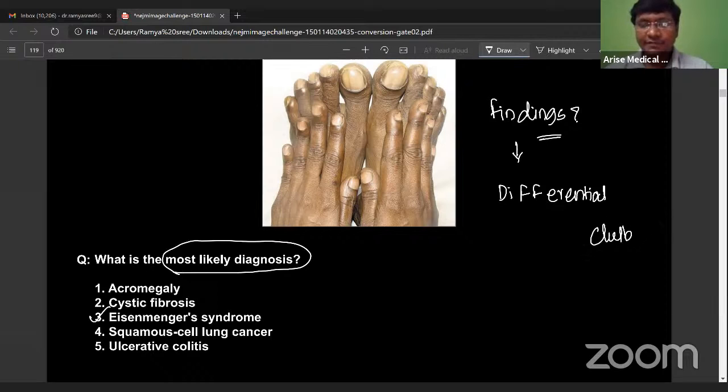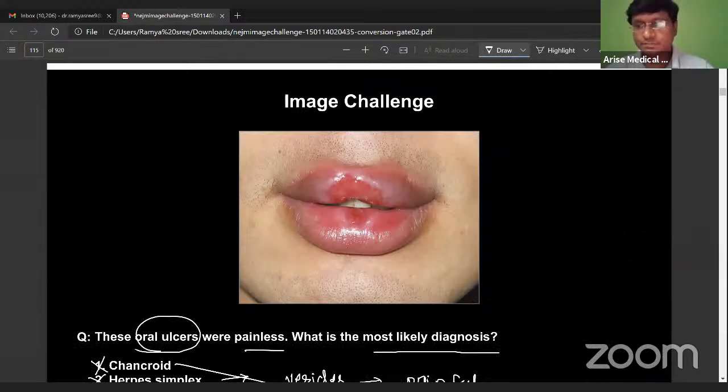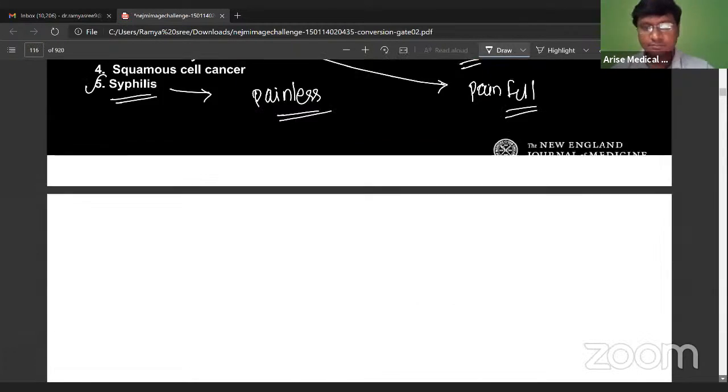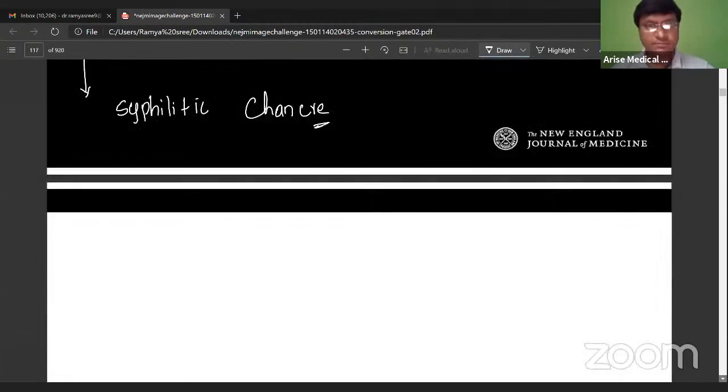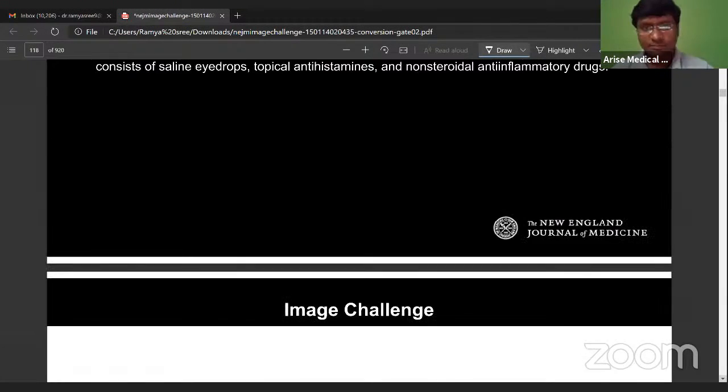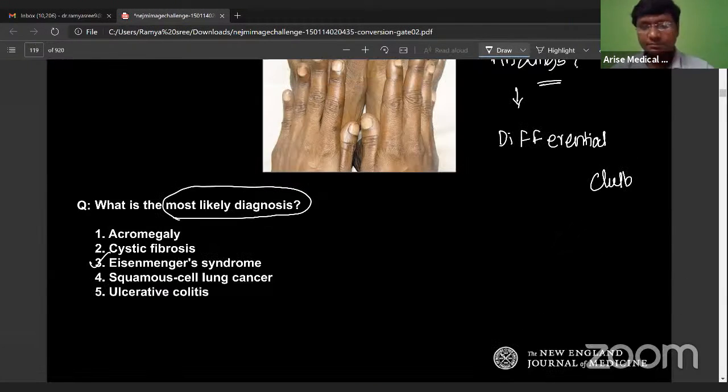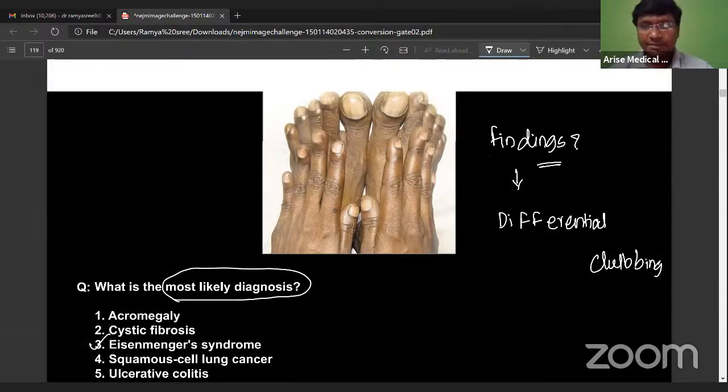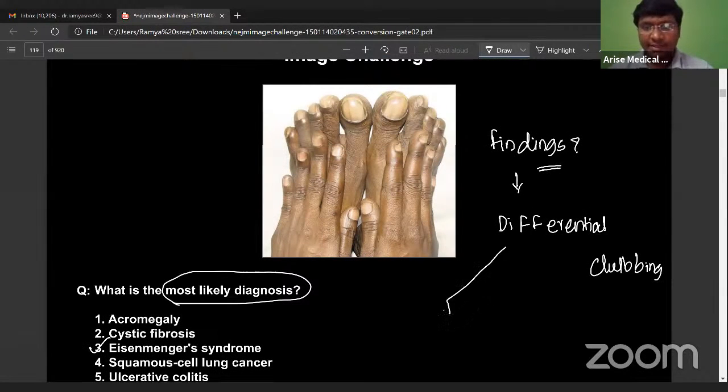So differential clubbing means you have clubbing only in the lower limbs.